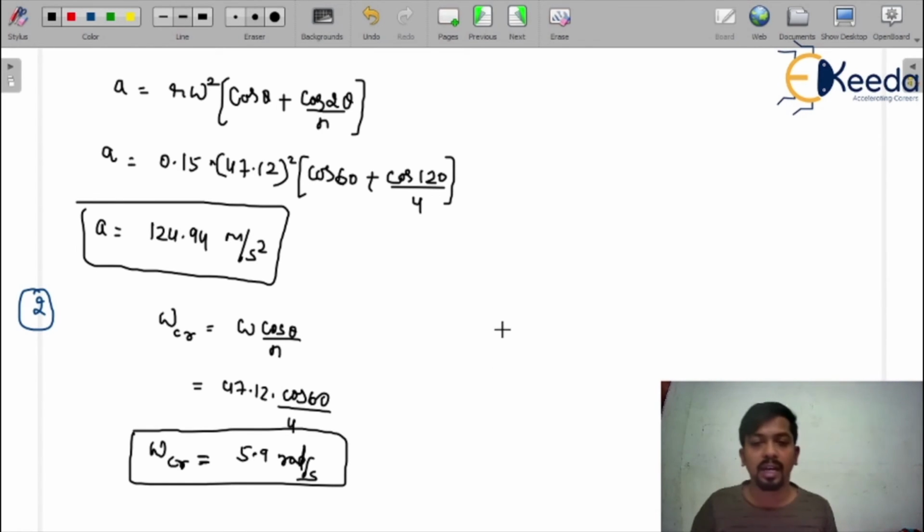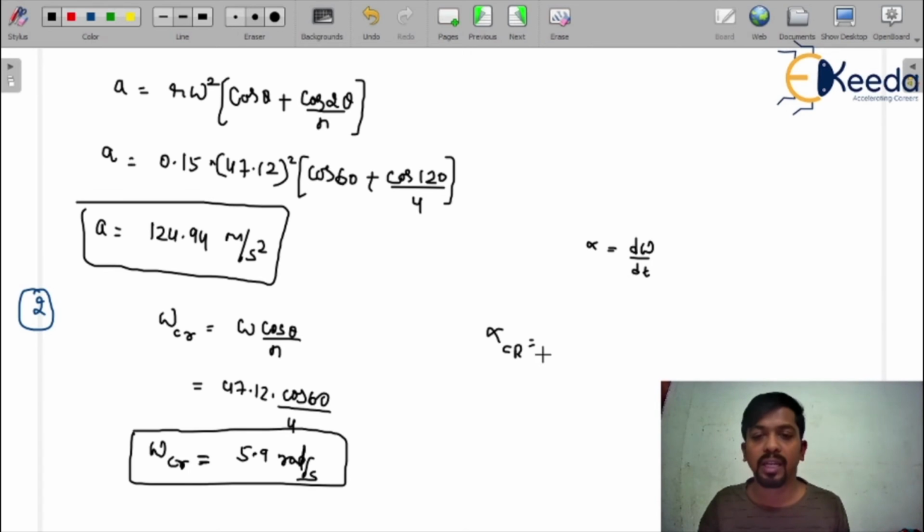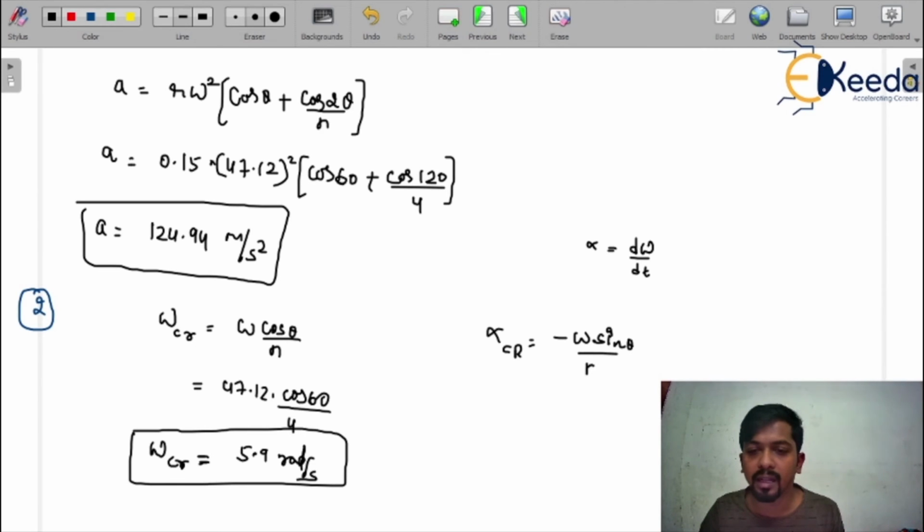Now next we have to calculate the angular acceleration of the connecting rod. And for angular acceleration, we know that alpha is equal to d omega by dt. Here alpha CR we have calculated in the derivation portion, and we got minus omega square sin theta by n.